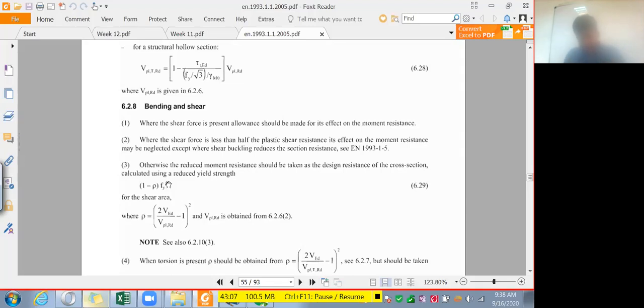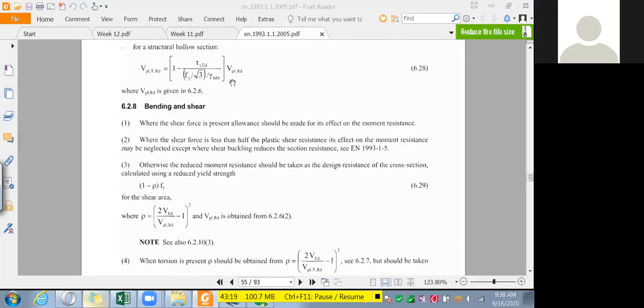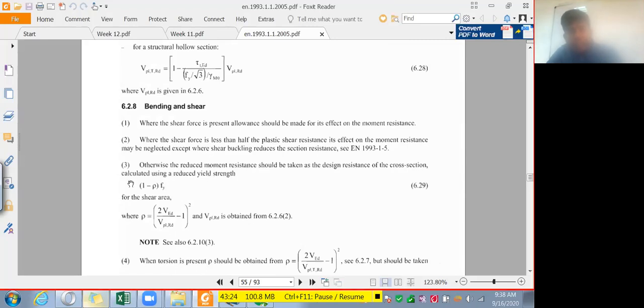Now, if the clause is not satisfied for our beam, we will be in a bit of trouble. You know why? Because we will be facing an issue where our moment resistance will get reduced, and because we have chosen a section that is marginally better than the required, we might fail moment resistance.